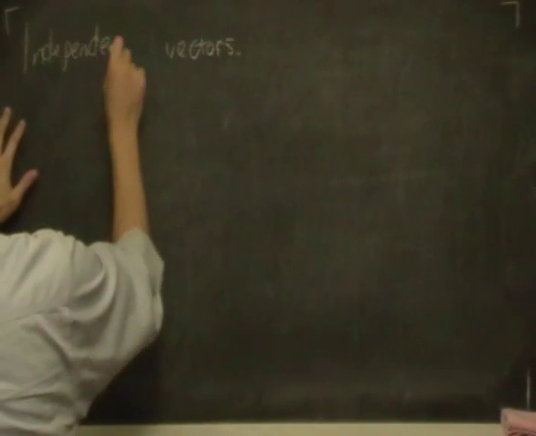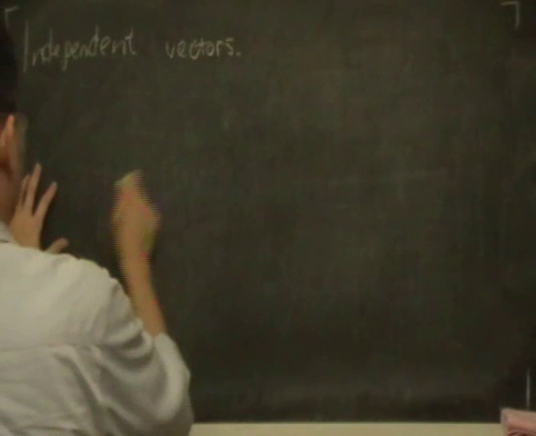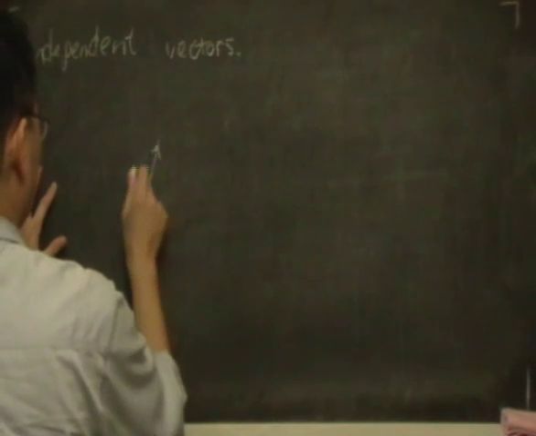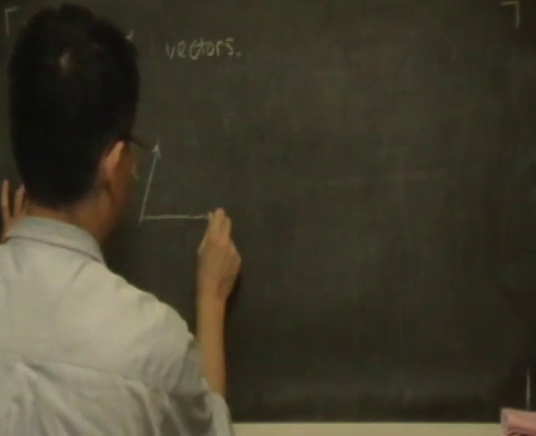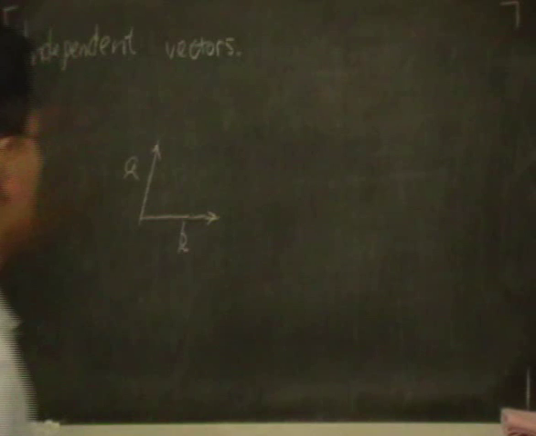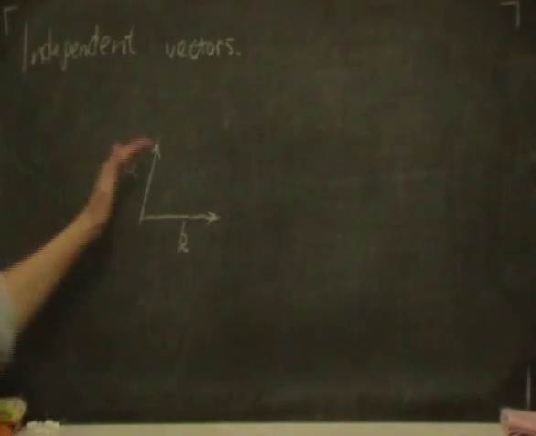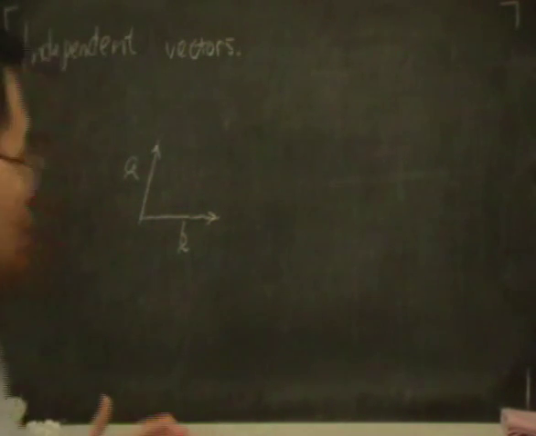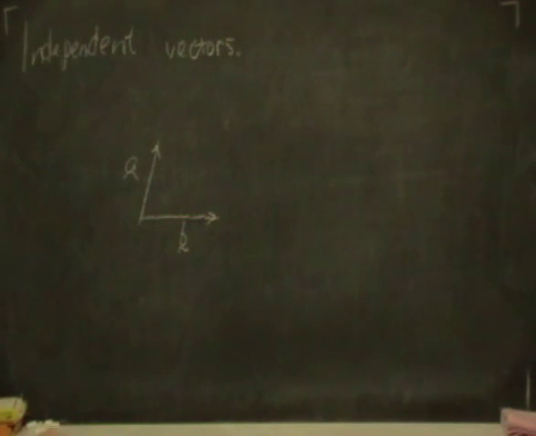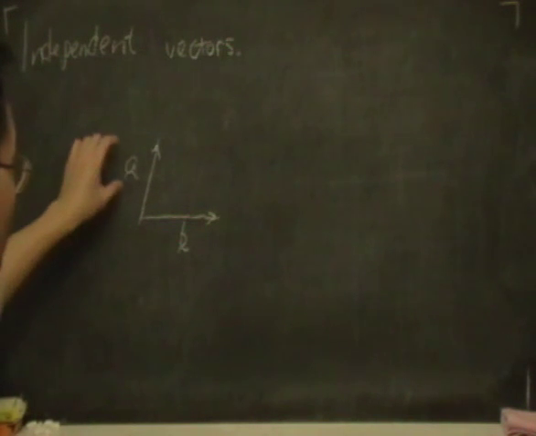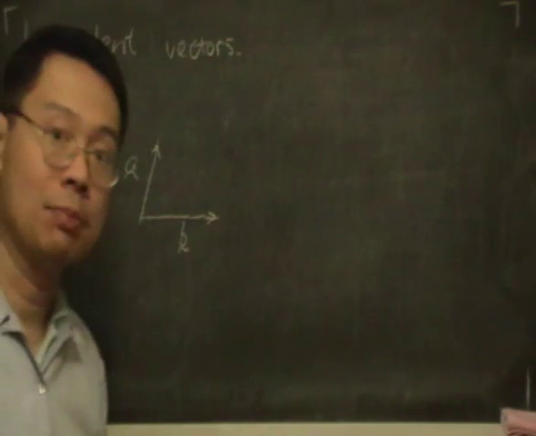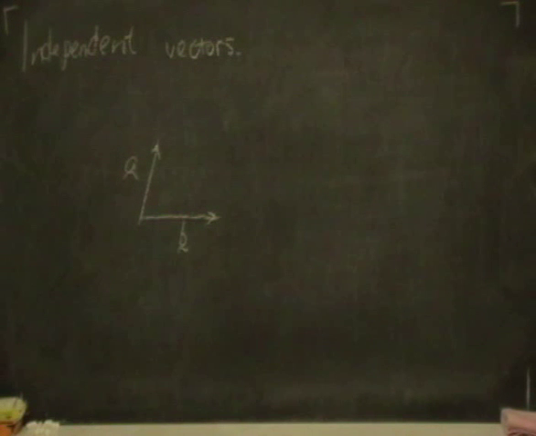If I have a vector, let's say A, and another vector B that are in different directions, then we know that they must be independent, in the sense that I can't get this vector B by multiplying A by a certain number. So that's what we understand. Now what can we do with this pair of vectors?